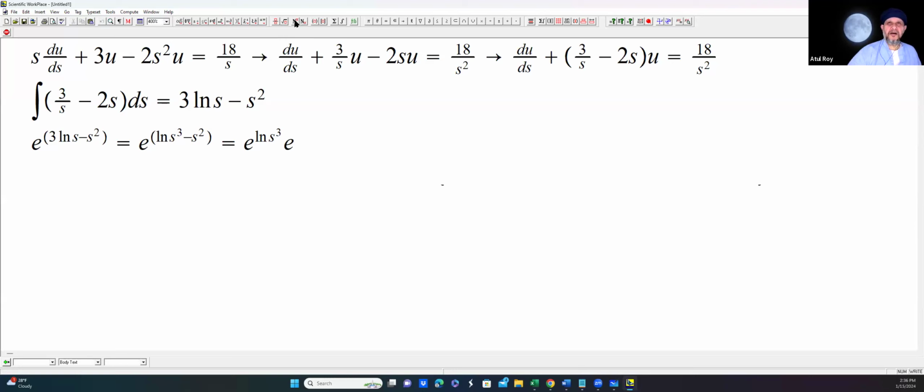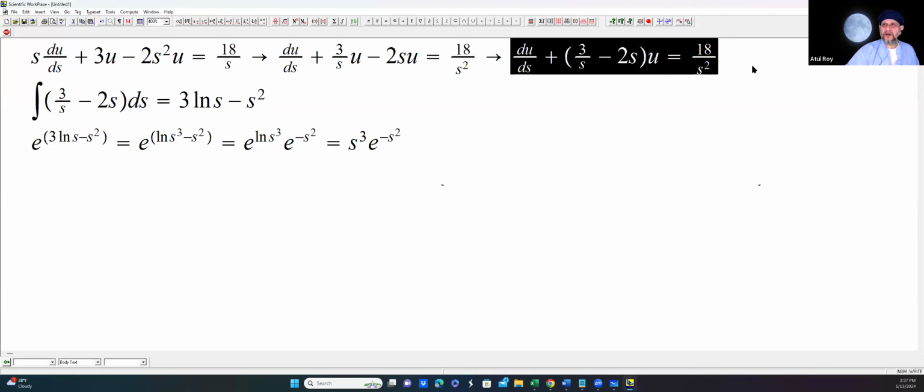Am I right? So this part will become s cubed, and this is e to the negative s squared, right? So that's the integrating factor for this linear equation.